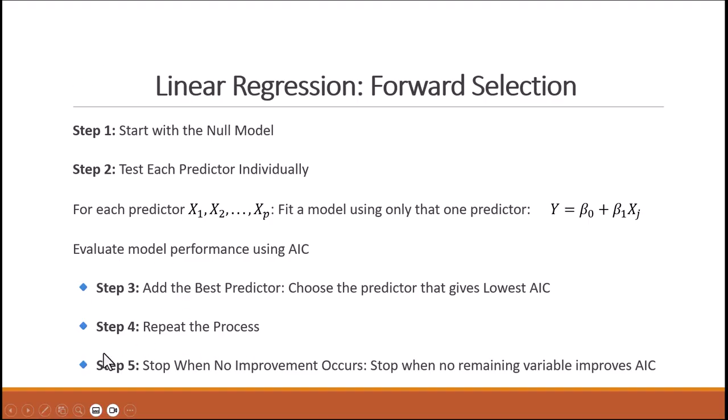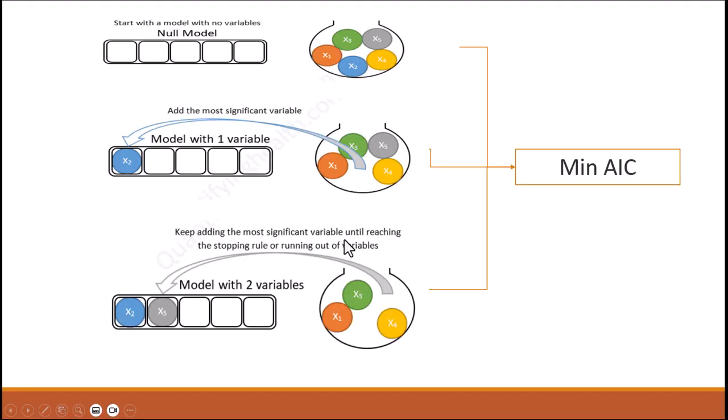And finally, we repeat all of these steps, and in each step evaluate our model using AIC until no improvement occurs, meaning our AIC does not reach a better value, or we do not have any remaining variable. Here is the schematic picture of the forward selection method that I explained, which you can focus on to understand it better.